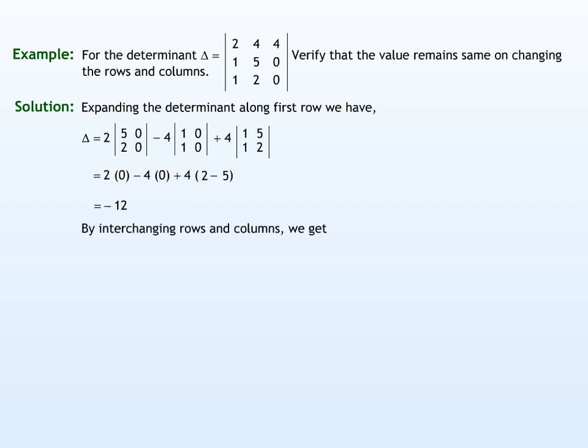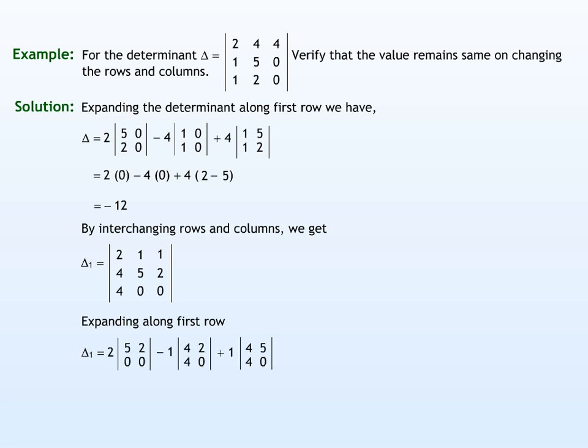By interchanging rows and columns, we get delta 1. Expanding along the first row, delta 1 equals 2 multiplied by 0, minus 1 multiplied by minus 8, plus 1 multiplied by minus 20, which equals 0 plus 8 minus 20, or minus 12.